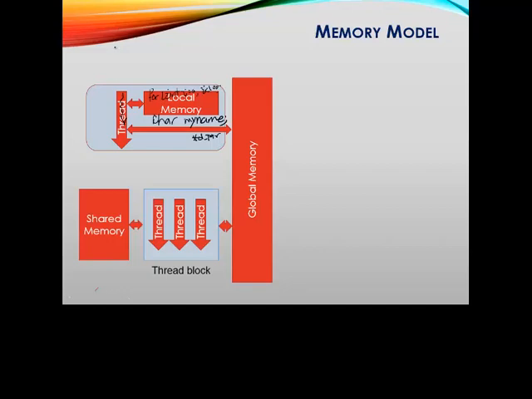Then when you're invoking a kernel and you associate certain threads to be allocated within the same block, then each of the threads within that block will have their own individual local memory copies that they have access to. They all have access to global memory, but all of them will also have access to a smaller memory unit that is available to that block, and it's called the shared memory.